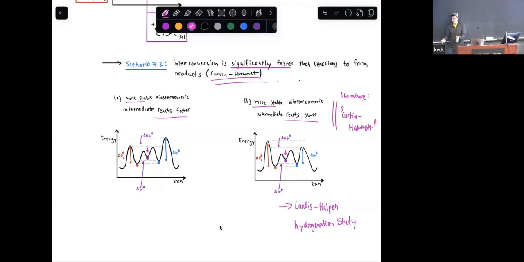So how could that be the case? It could only be the case if that intermediate is more stable but slower reacting. So it goes and it sits there and it doesn't proceed to product. It just sits there until it can get to the other intermediate that then reacts, traverses a shallower barrier. Questions?